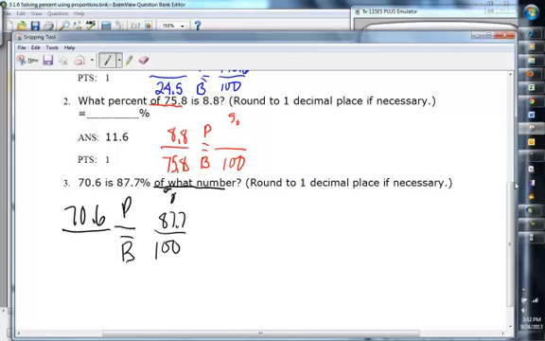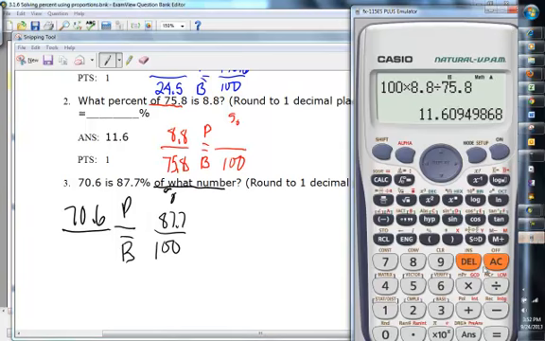So cross multiply and divide. 70.6 times 100 divided by 87.7 gives us 80.5 rounded to 1 decimal point.